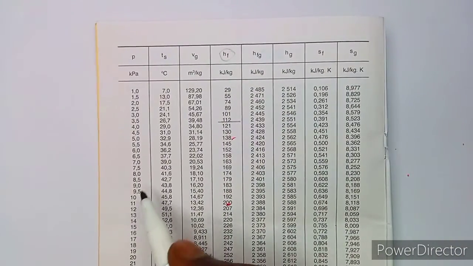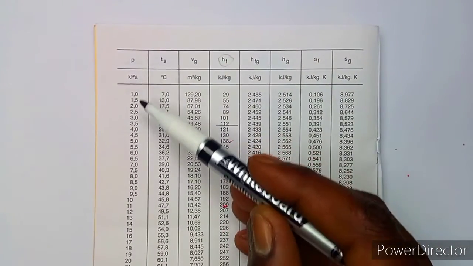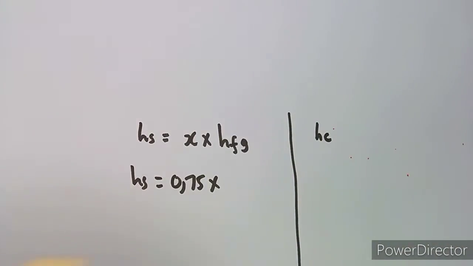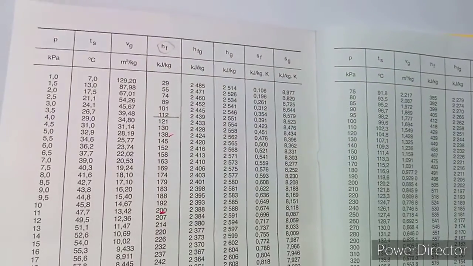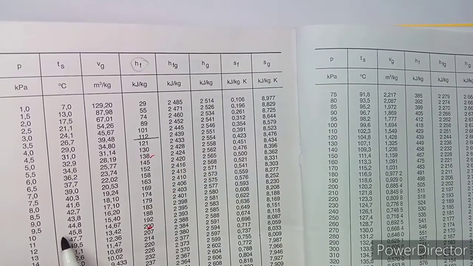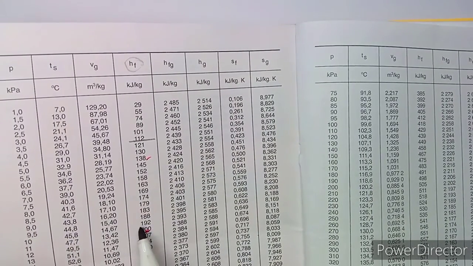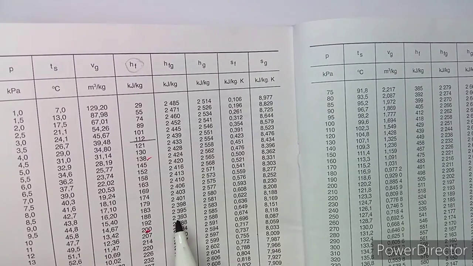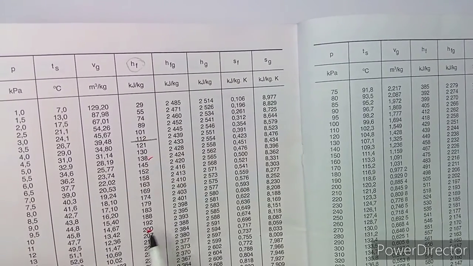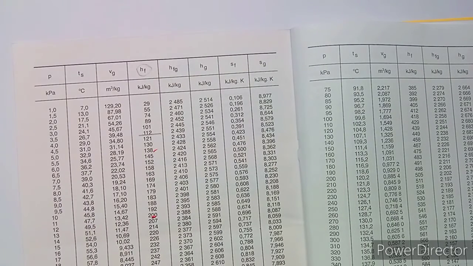Remember I told you, you go under the pressure table versus the steam. So here, this is our 10 kilopascal, and that's our Hfg here, which is 2393. So you take the one that corresponds at 10.